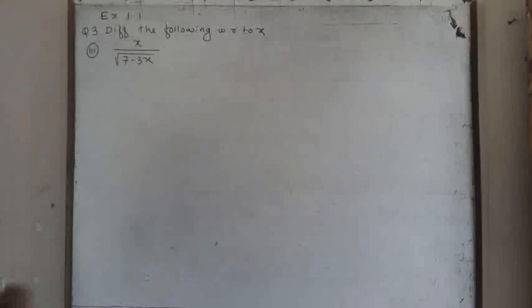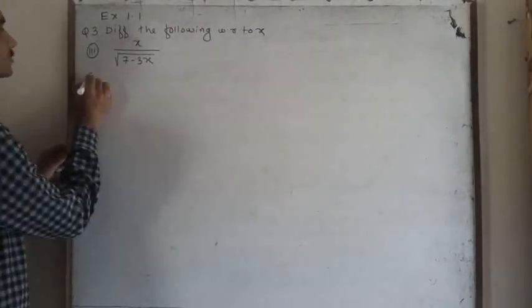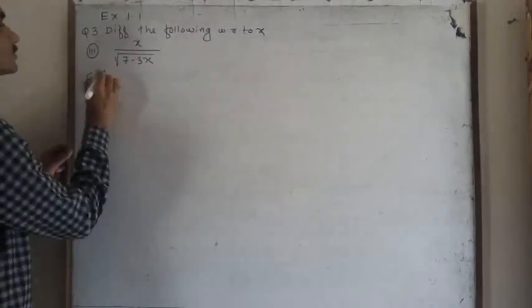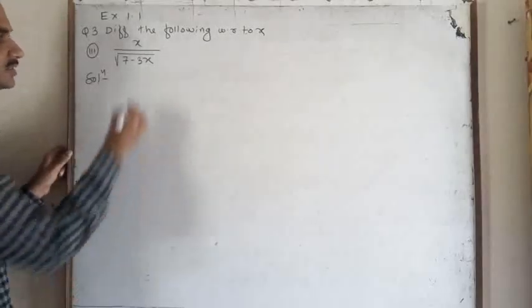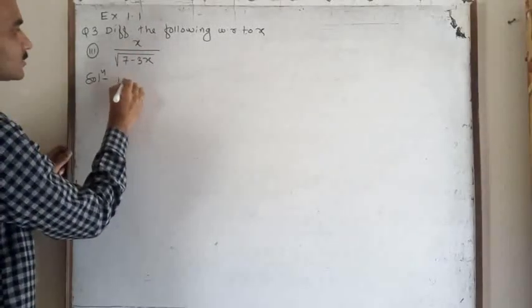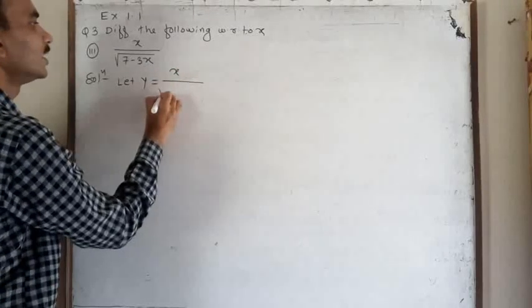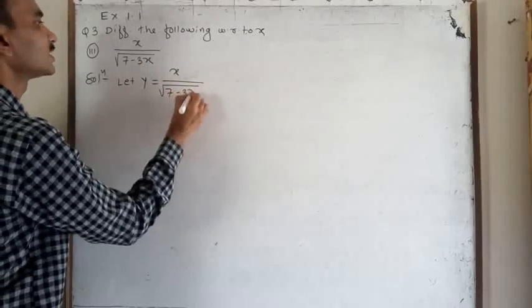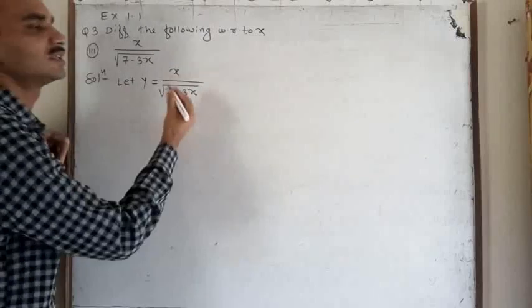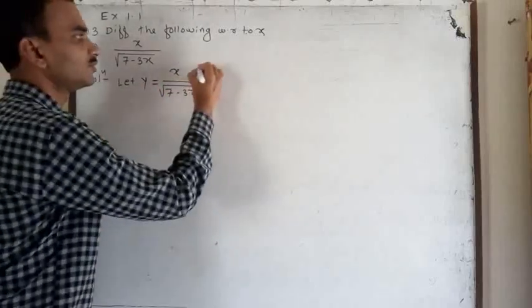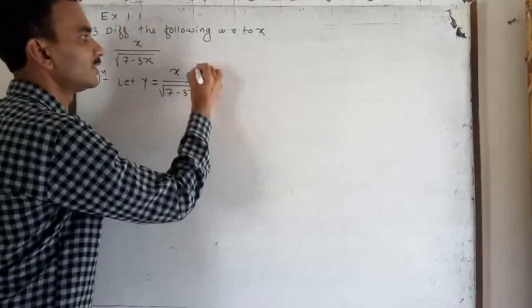Question number 3. First of all, let us denote this function with y. y equals x upon under root 7 minus 3x. This is a rational function. This is our u and our v.